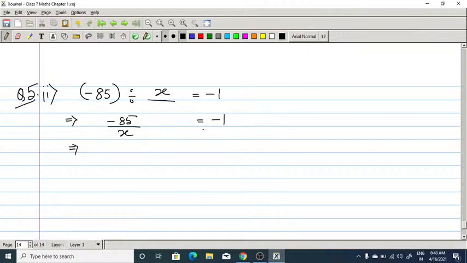So x will go up. Minus 85 is equal to minus 1 into x.